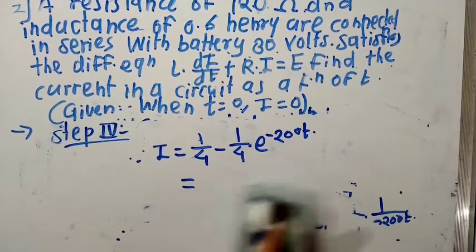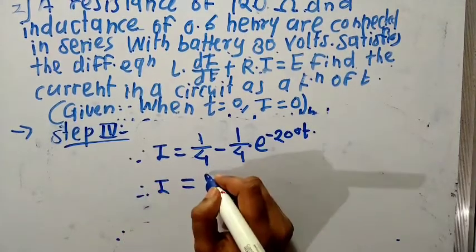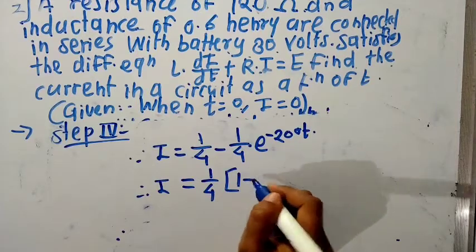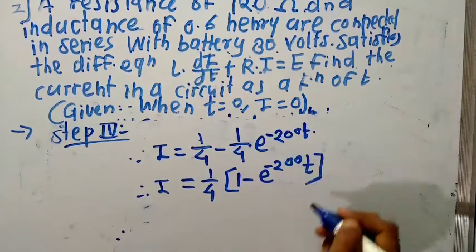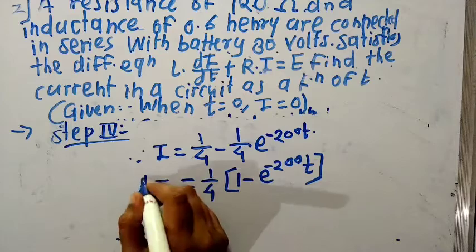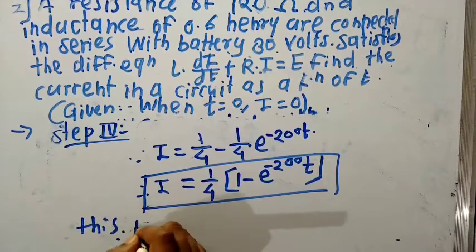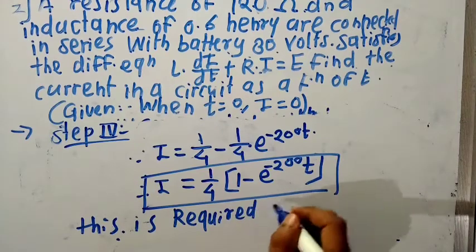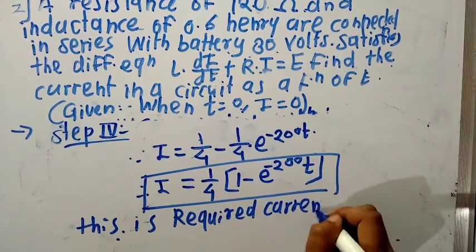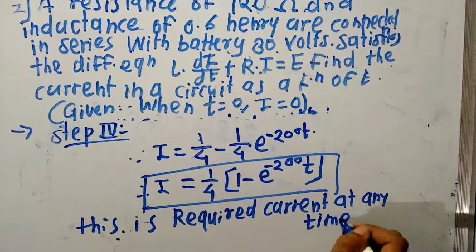Here 1 by 4 is common, so I is equal to 1 by 4 into (1 minus e raised to minus 200 t), and this is the required current at any time t.